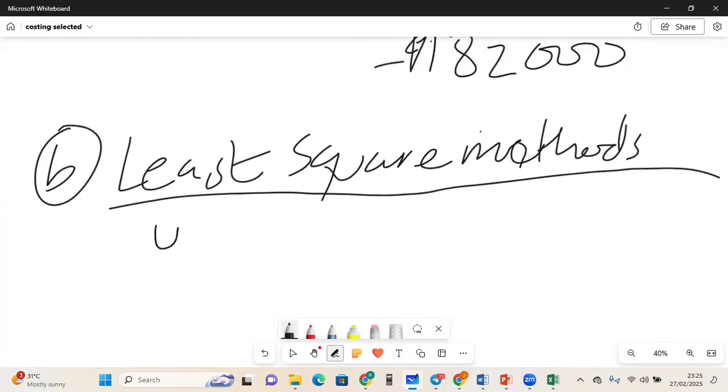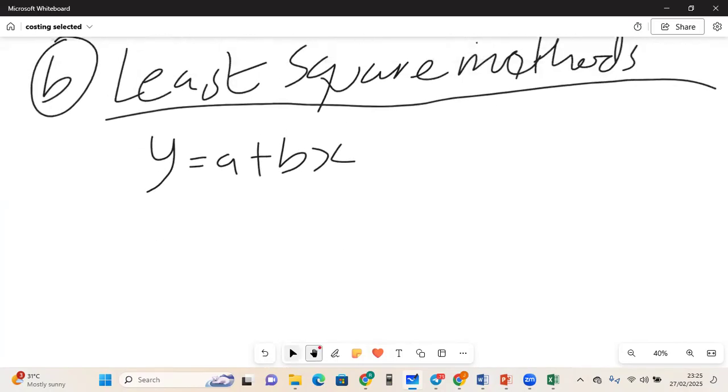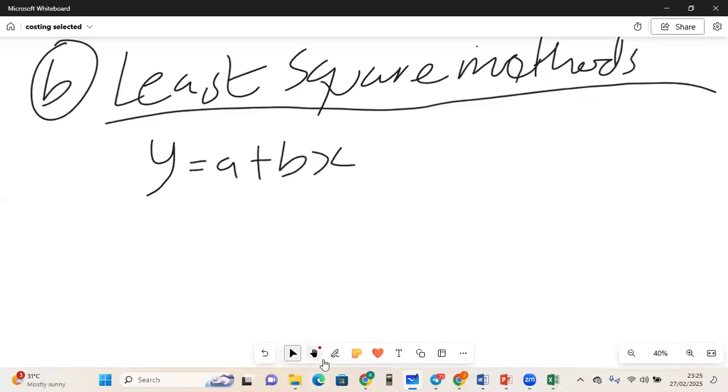Remember, we are still operating on this line. So now what we are going to do is, for the least square method, we use this formula.